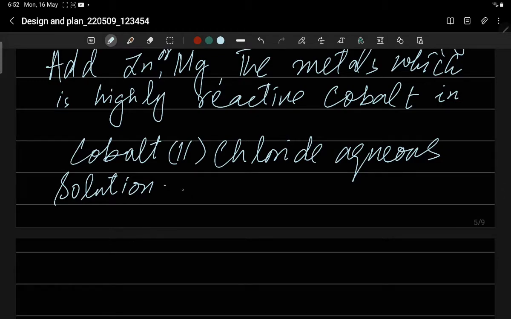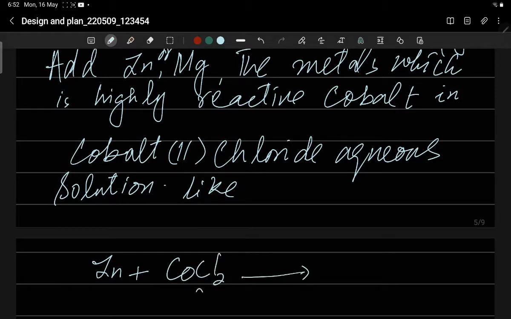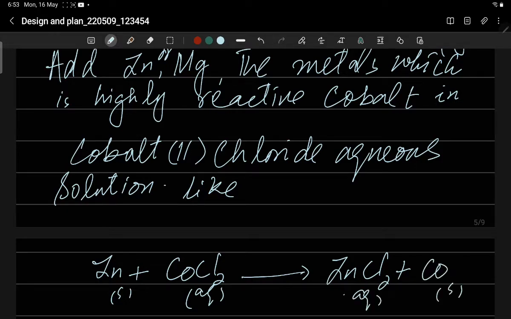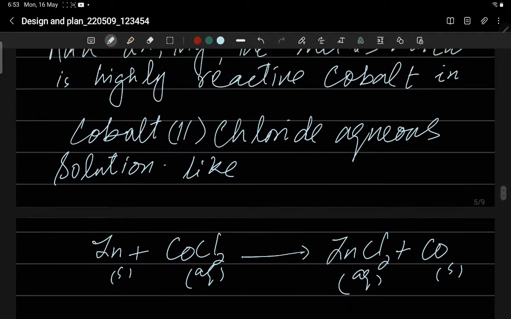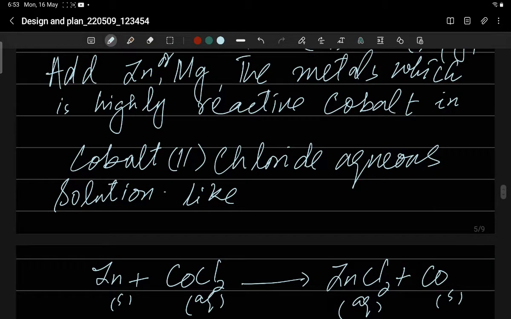Like zinc plus CoCl2 aqueous to form zinc chloride and cobalt.